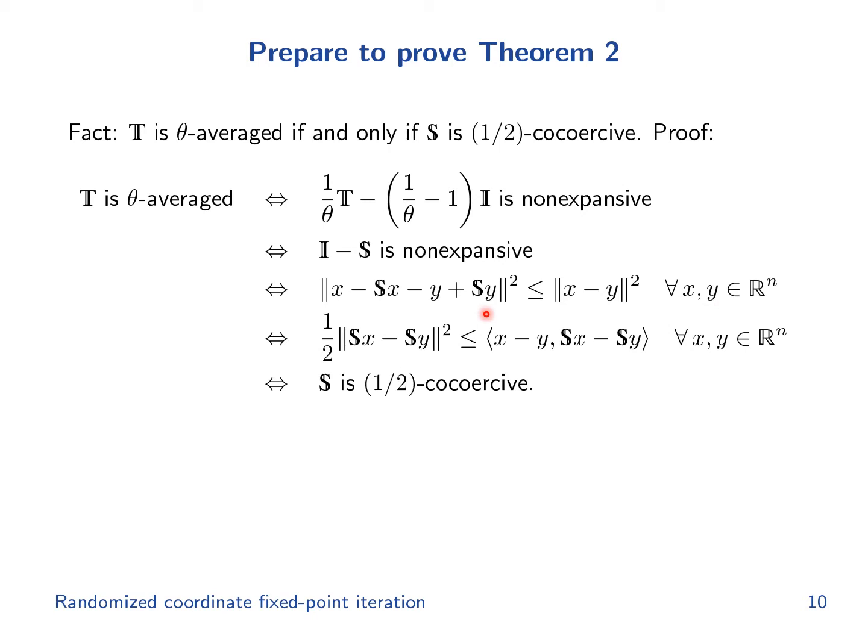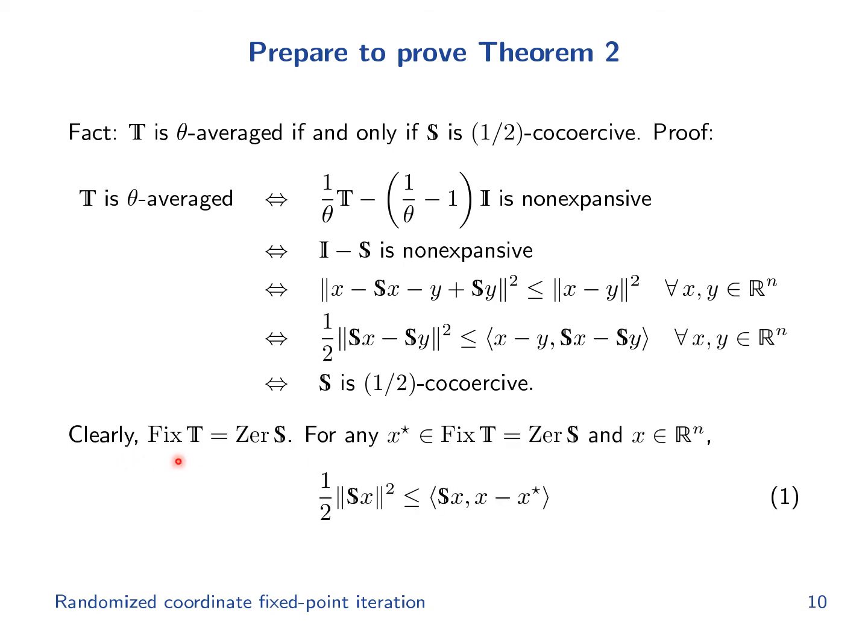Expand the left-hand side and cancel the term with the right-hand side. That leaves us with this squared term less than or equal to this inner product term that must hold for all x and y. And this defines S as a half coercive operator.